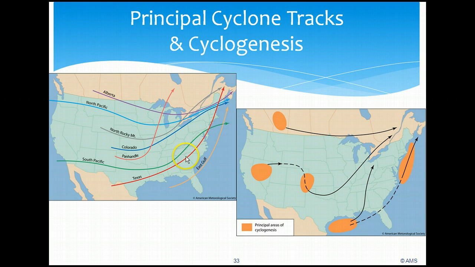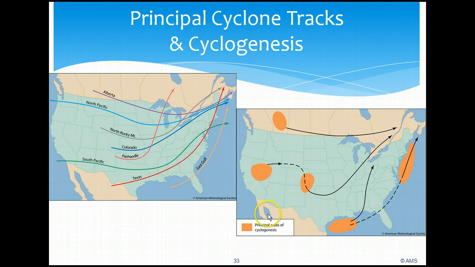The center of a nor'easter tracks towards the northeast along the U.S. East Coast, and specific tracks of the nor'easters are plotted here as the Texas and East Gulf tracks. A nor'easter usually deepens off the Carolina coast and then tracks up the coast in a southwest to northeast direction.